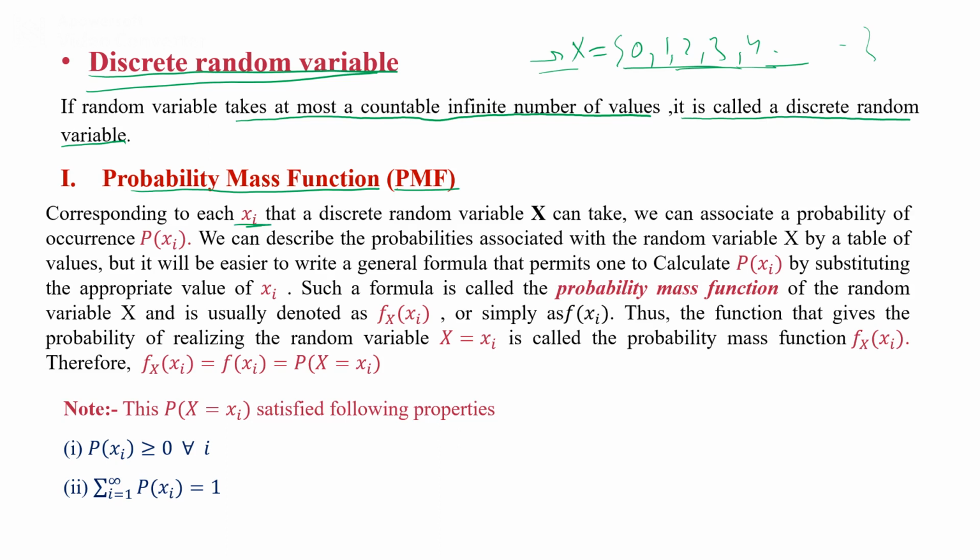Corresponding to each xi, the value that our discrete random variable X can take, we associate a probability of occurrence, p(xi). Now we can describe the probabilities associated with random variable X by a table of values, but it will be easier to write a formula that permits one to calculate p(xi) by substituting the appropriate value of xi, and such a formula is called the probability mass function. That is the probability mass function.